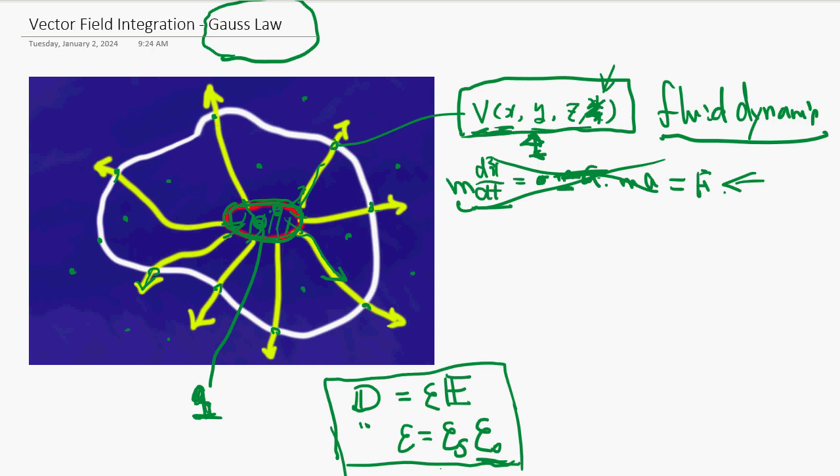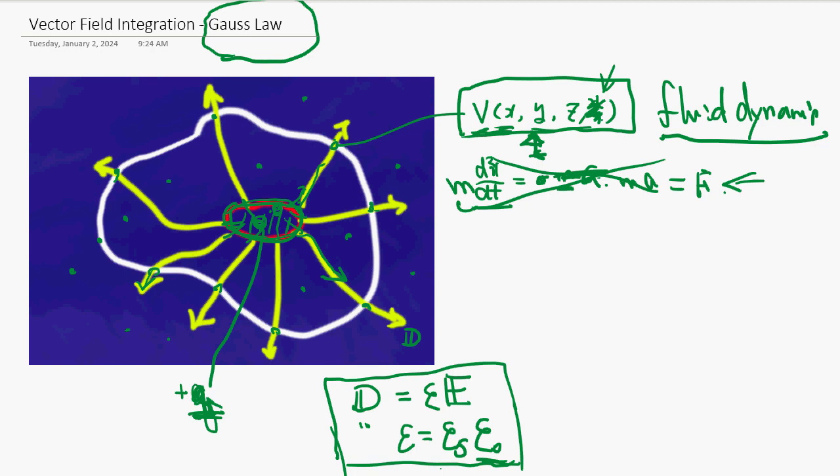So same thing, instead of water the flux comes out, and the source of the flux is charge Q, positive, right? And negative is like flux being sucked in, which is like a sink in fluid dynamics, right?